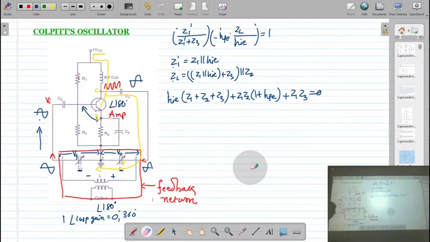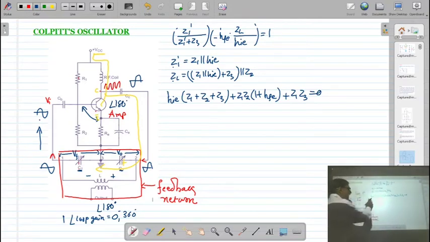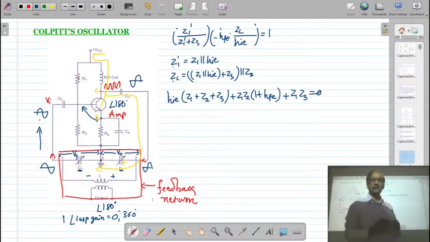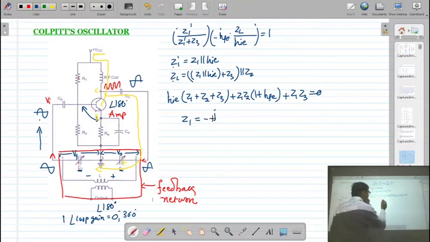Okay. So when we write the Barkhausen criteria K into AV equal to 1, and we put this value of the feedback factor and this value of the voltage gain of the amplifier, then you will get this expression. Now, in this expression, we will write what Z1, Z2 and Z3 are for a Colpitts oscillator. In a Colpitts oscillator, Z1 is, as you can see in the circuit diagram, a capacitor C1, so its impedance is minus j by omega C1.